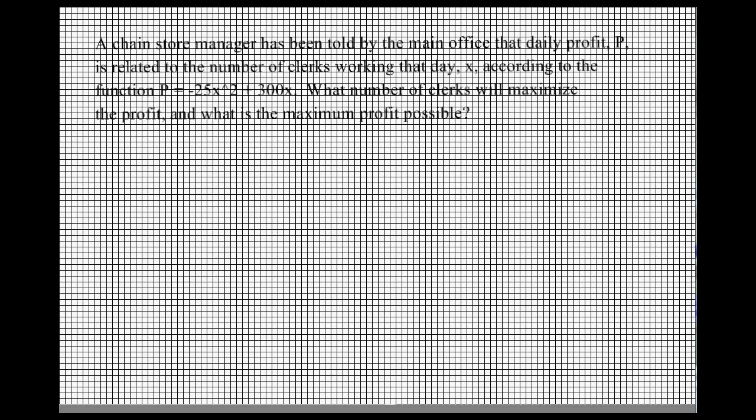So X is going to represent our number of clerks, and Y is going to represent the profit. First, we're going to find the intercepts, the x and the y intercepts. Let's work through the y-intercept first. To find the y-intercept, we set x to 0 and then solve for y.